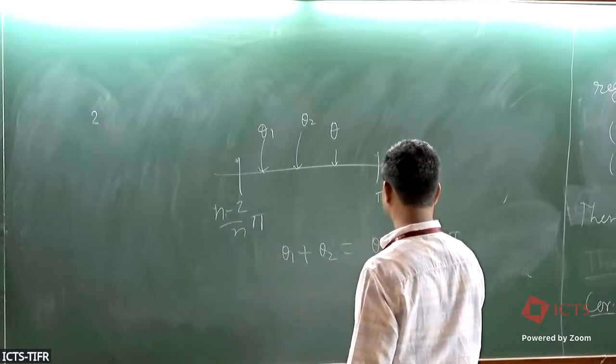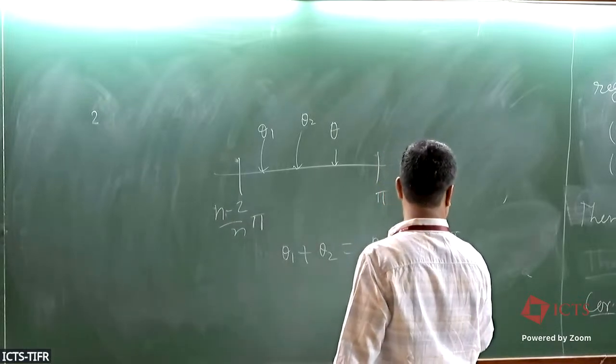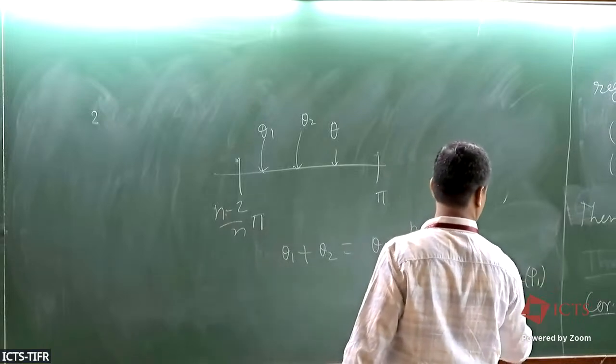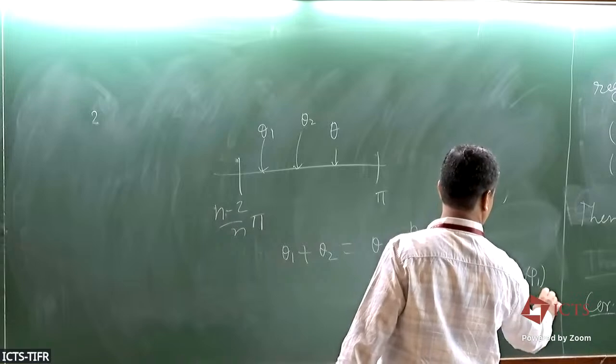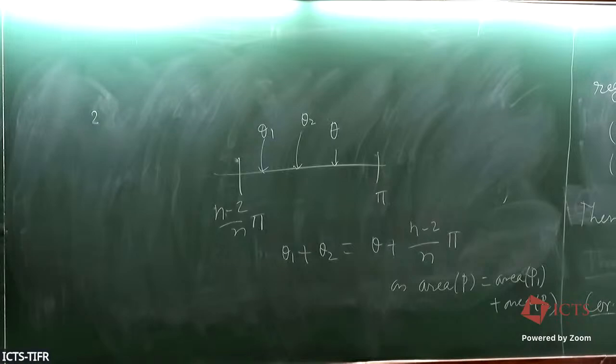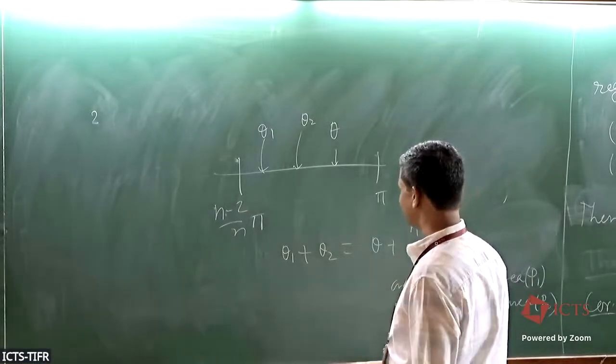This is because the area of P is equal to the area of P1 plus the area of P2. So using this relation and the Gauss-Bonnet theorem for spherical geometry, we have theta 1 plus theta 2 equal to this.